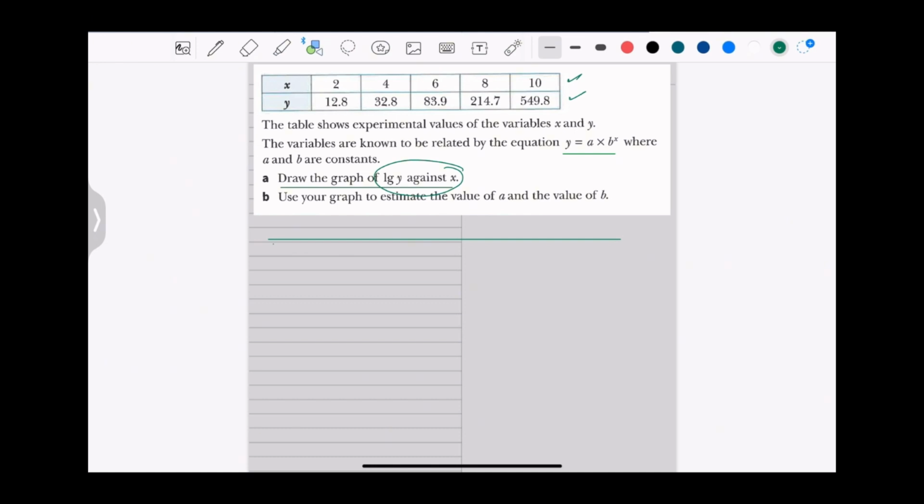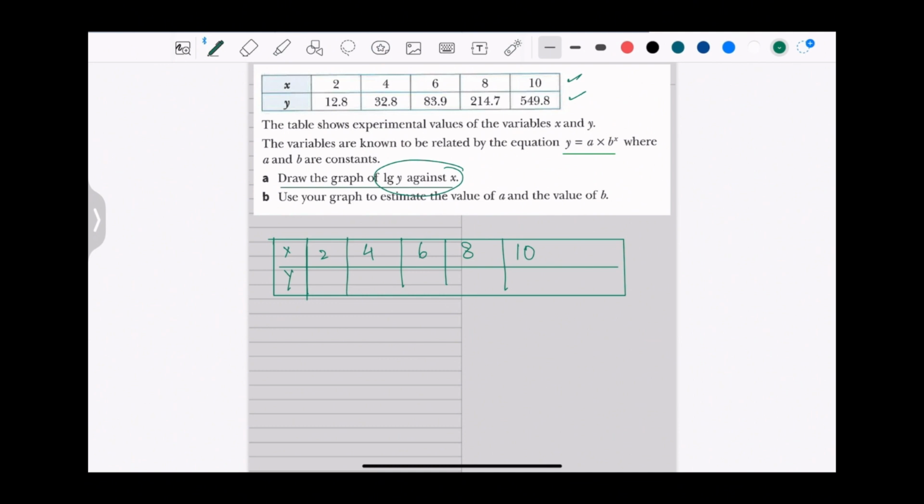So if I take these values into account, this is x, this is y. The values of x are 2, 4, 6, 8, and 10.